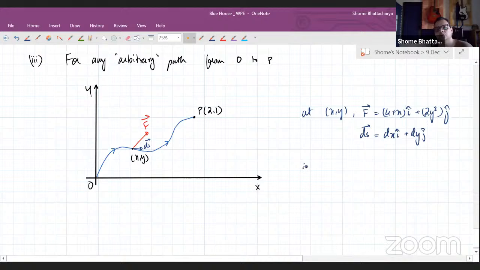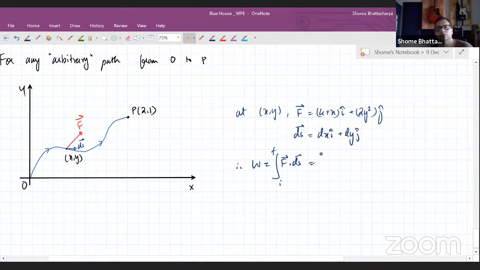Okay, so therefore work done, which is integration F dot ds from initial to final position here, will become the dot product of these two. So the dot product of these two is going to be (4 plus x) dx plus 2y square dy. Okay.